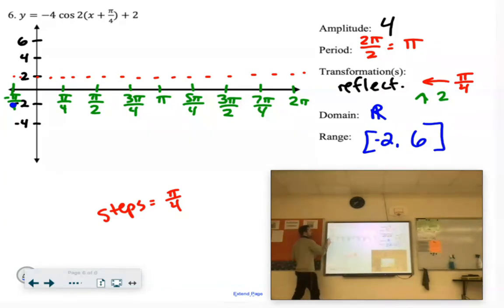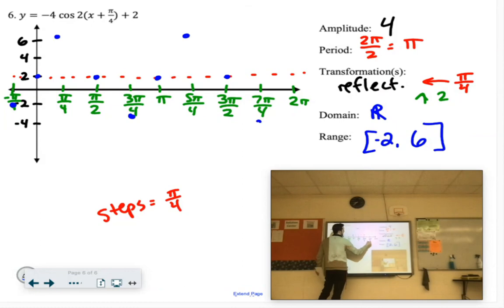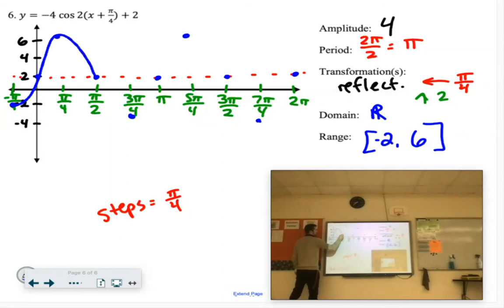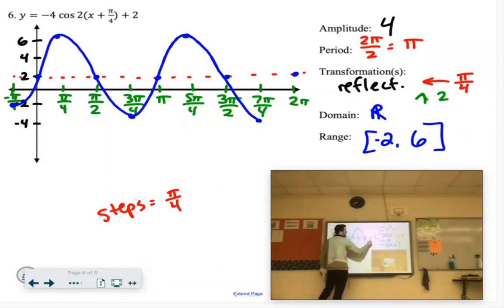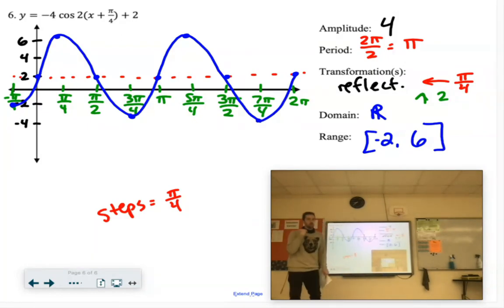Lowest point, then we're center, maximum, center, minimum, center, maximum, center, minimum, center. That's more than 2 full cycles. There would be 1, there would be 2, and a little bit of change. 2 and some change. Oh yeah!